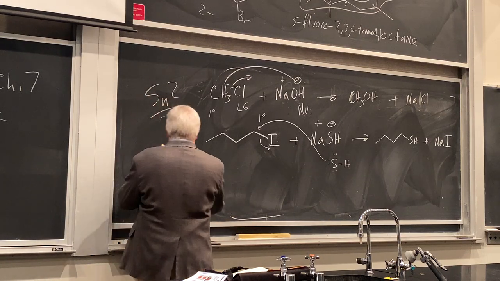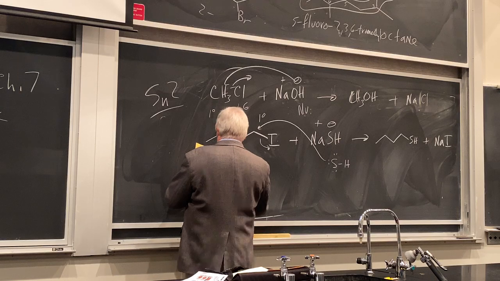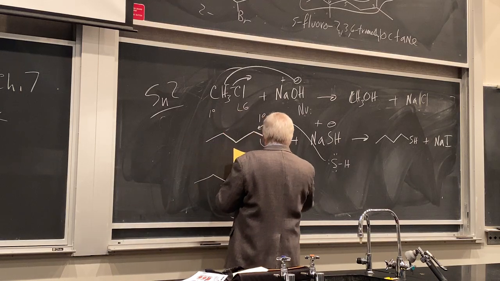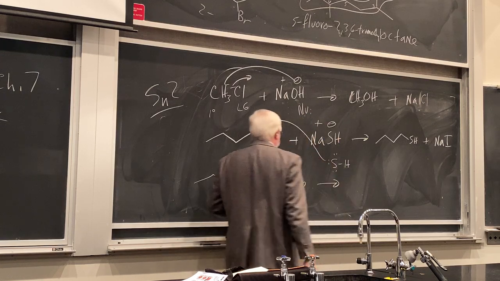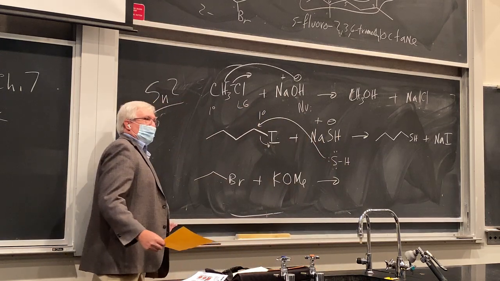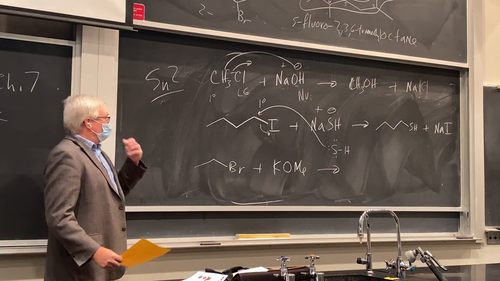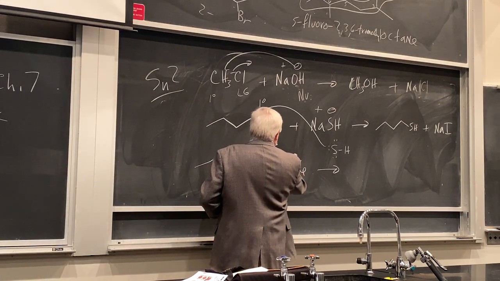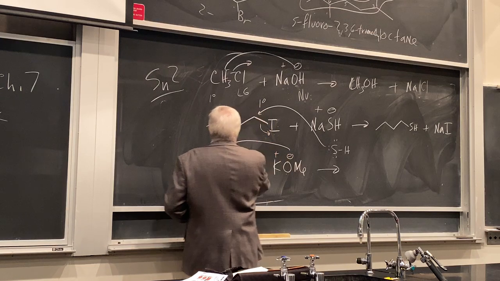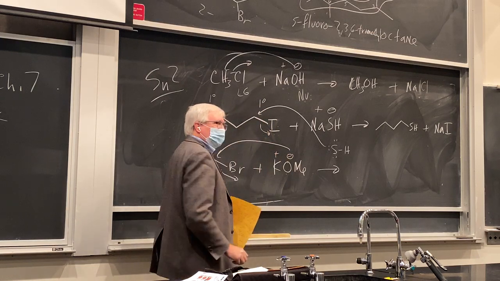Okay, how about this one? Methyl bromide plus potassium methoxide going to what? So variations here. Here we got primary, and here we got KOMe, so we'd want to think about it that way. And what would be our product?